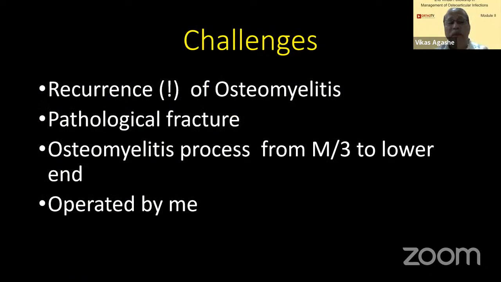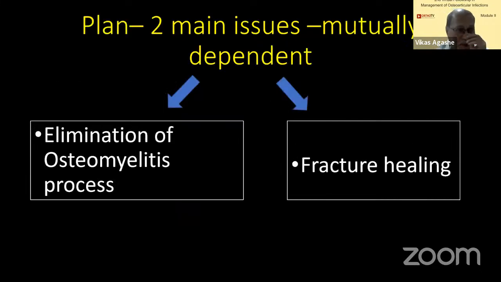So what are the problems? Recurrence of osteomyelitis, pathological fracture, osteomyelitic process in the middle third and lower third, and the patient was operated by me. That always puts you under more stress. So what we have to do is eliminate the osteomyelitic process as well as achieve fracture healing.